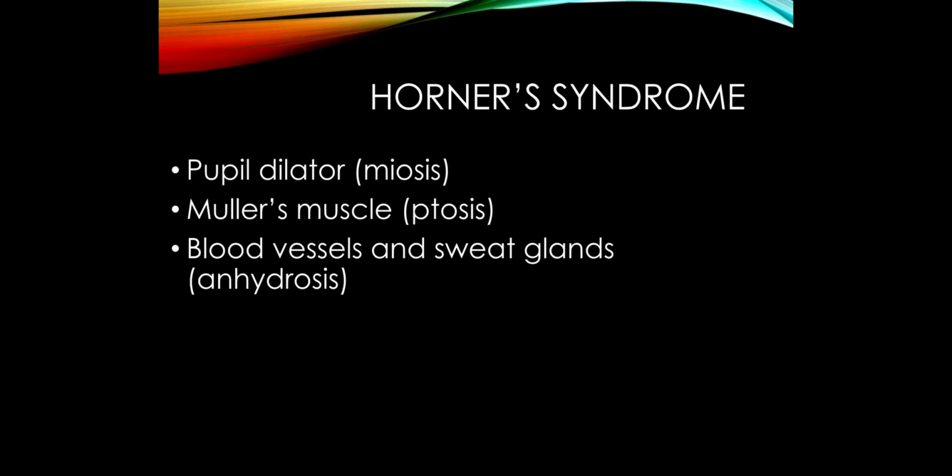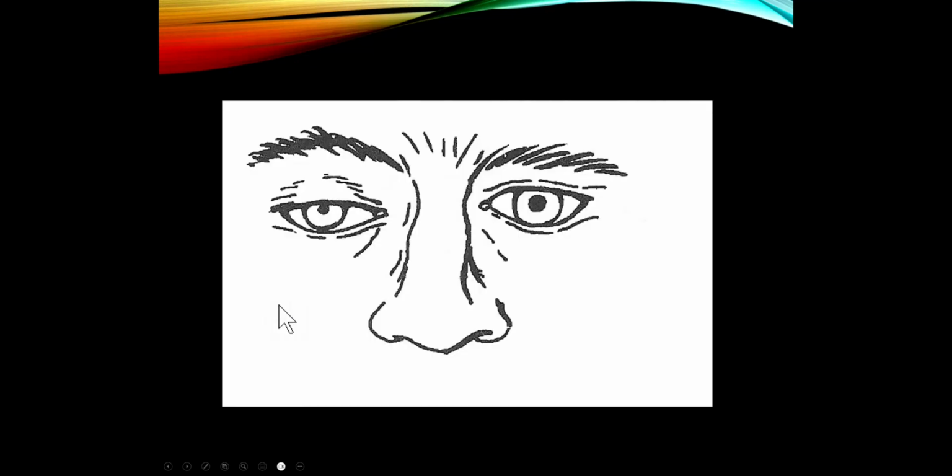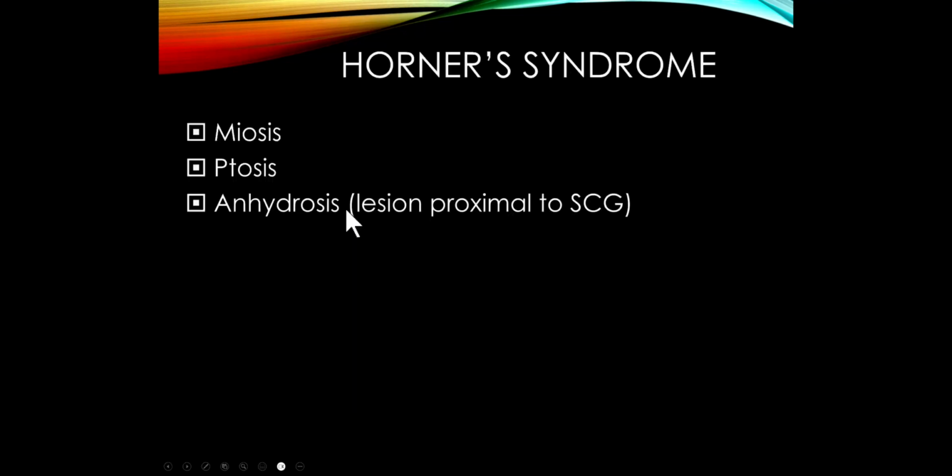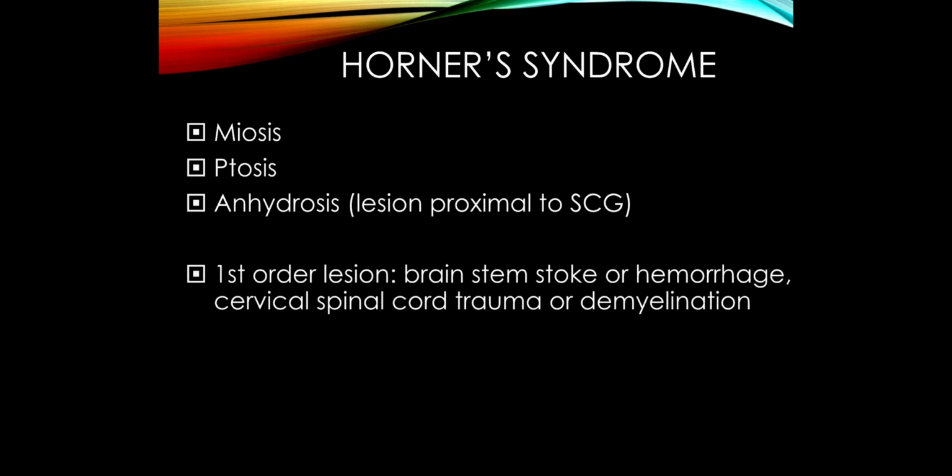So again, for Horner syndrome, you have miosis, ptosis, and if it's a first or a second order Horner syndrome, you get anhidrosis. Okay, so another patient with miosis and ptosis. Okay, so first order lesions, I mentioned a brainstem stroke, especially in the lateral medulla, or any hemorrhage in the brainstem.